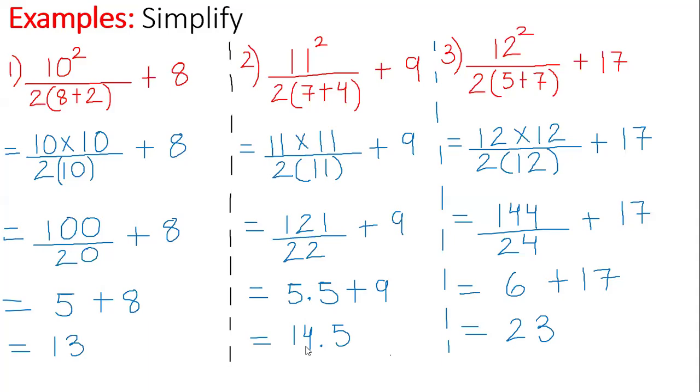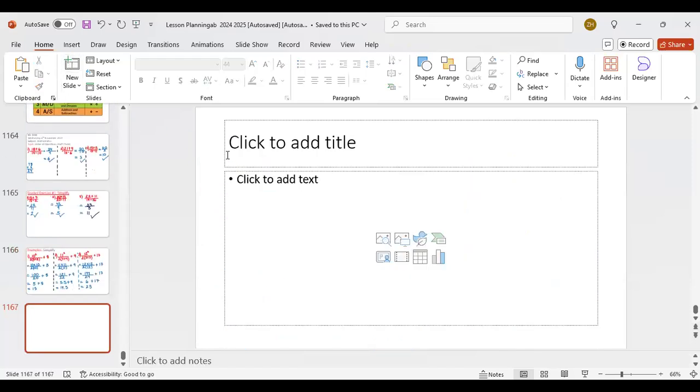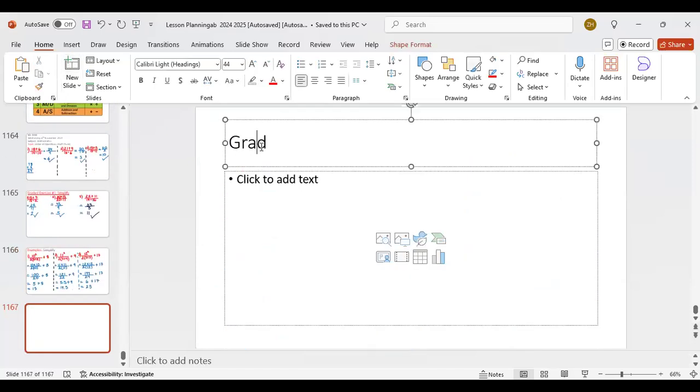Okay, medium. Remember, math is easy, so let's not make it hard. Let's try grade exercise number 2.